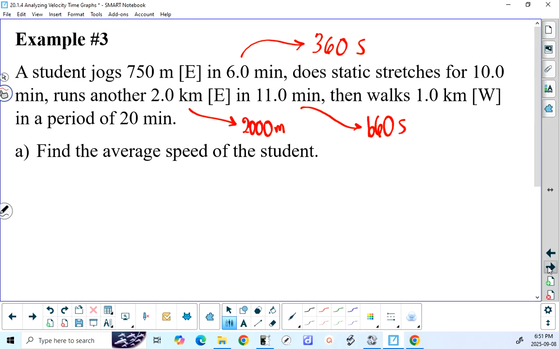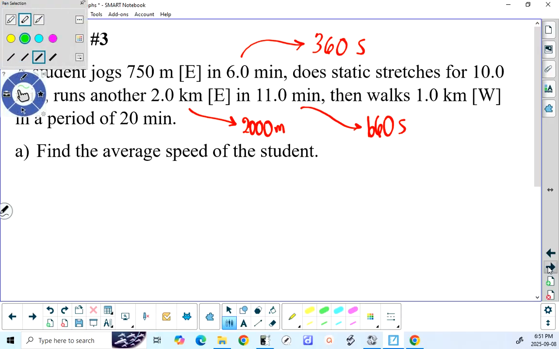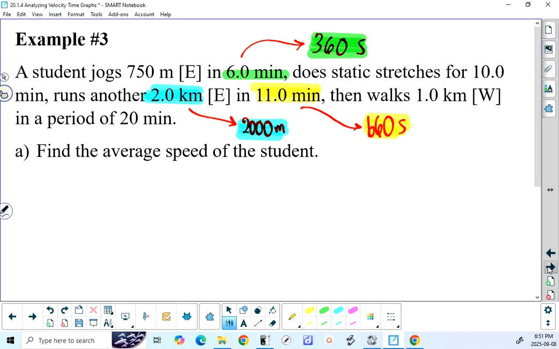So I just want to take a minute here and confirm my mental math. That 6 minutes is 360 seconds, and it is. That 2 kilometers is 2,000 meters, and it is. And finally, that 11 minutes is 660 seconds. 11 times 60 is 660. We also have that 1 kilometer, which I almost missed.